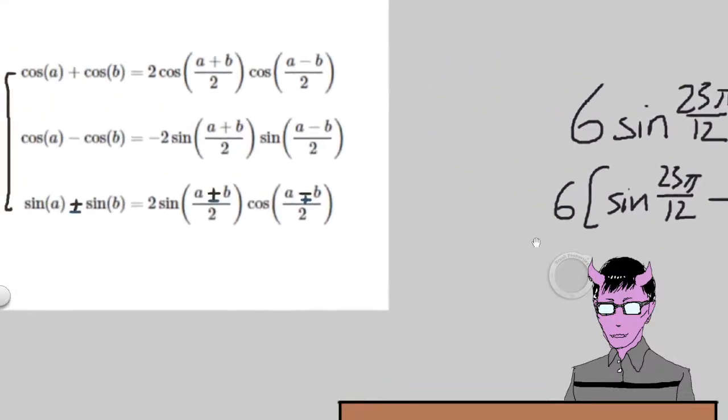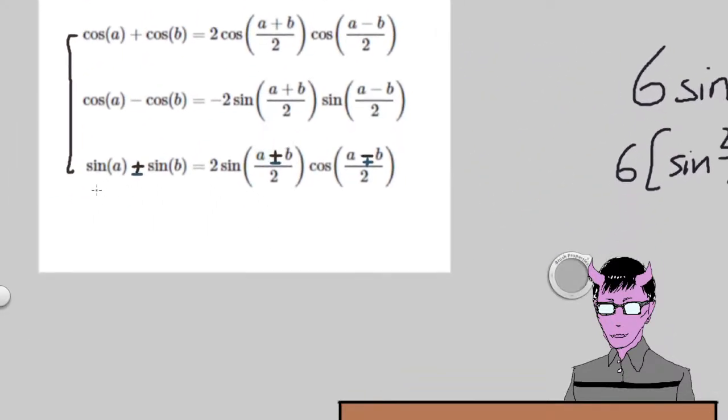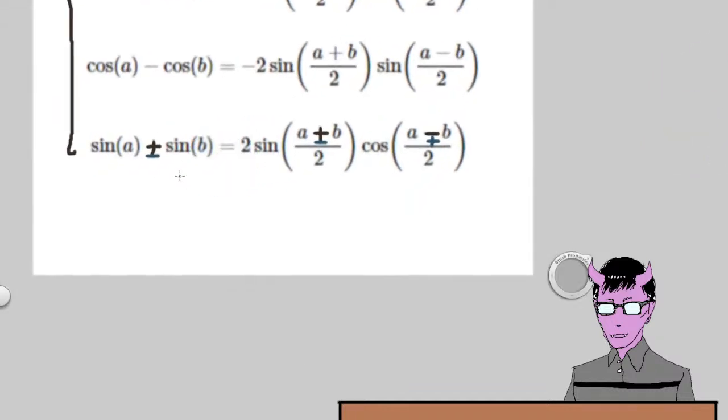So we have sine minus a sine. So it's going to be this one with the minus and the plus. So I'm going to copy paste this one with the minus, with the plus.